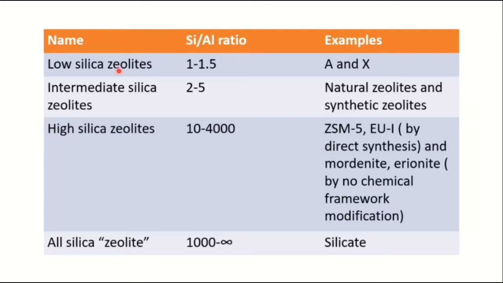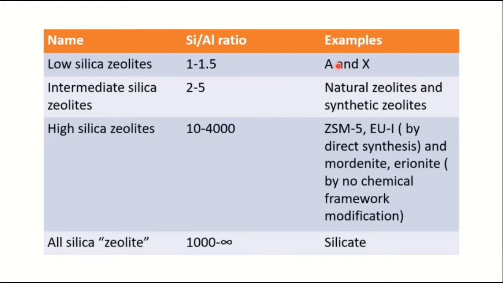The second one is intermediate silica zeolite. The ratio is between 2 and 5, which consists of natural and synthetic zeolite. Due to the instability of zeolite A and X against attack by acid and water vapor steam, they are less stable than their analogues.